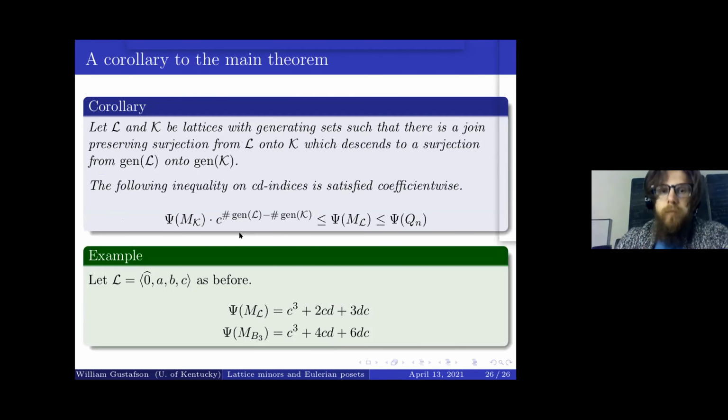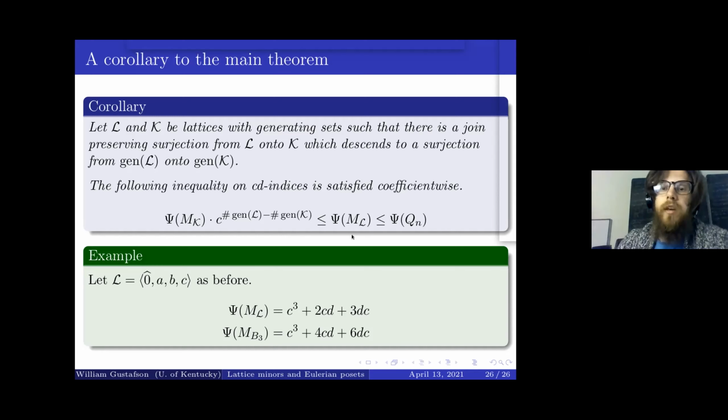So now, just using the results on the last page and the PL sphericity, we get this corollary. So under the same assumptions as the theorem before, this join preserving surjection from L to K sends generators of L onto generators of K. Well, we get this inequality here.